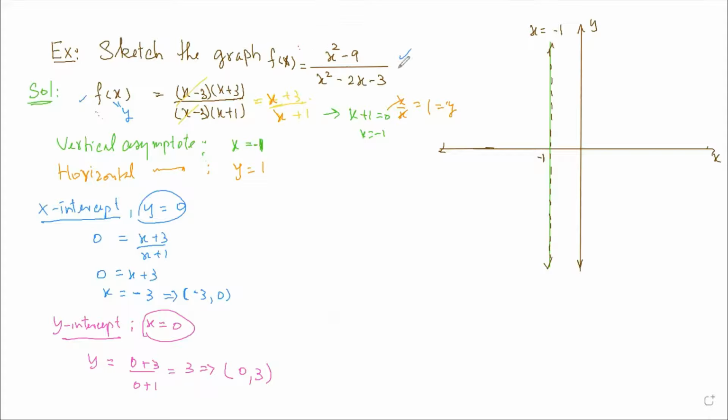Y equals 1 here. So 1 may be here. So we draw the line. Okay. So this is the horizontal asymptote y equals 1. Then this one should again be a broken line. So like that, dashed.